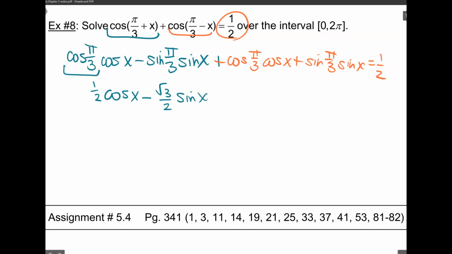So all I'm doing is plugging in where there's a number. What I'm trying to do is make it more abundantly clear. Then I'm going to be adding 1/2 cosine x and then adding root 3 over 2 sine x, and this is equal to 1/2.